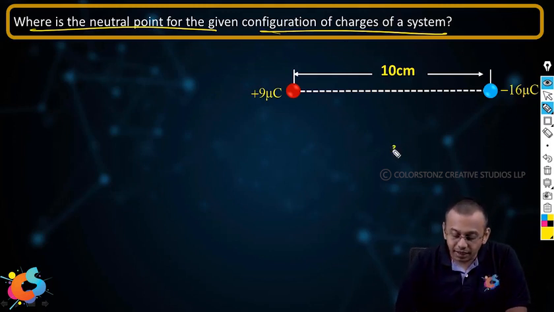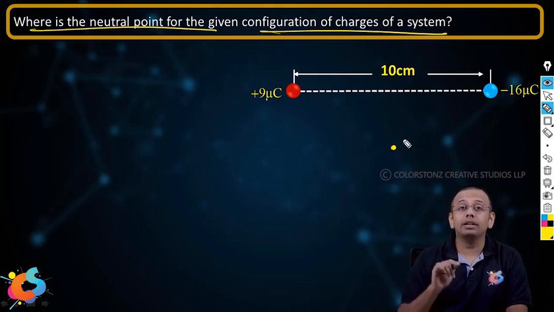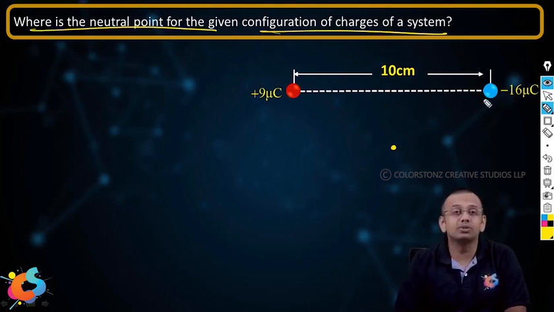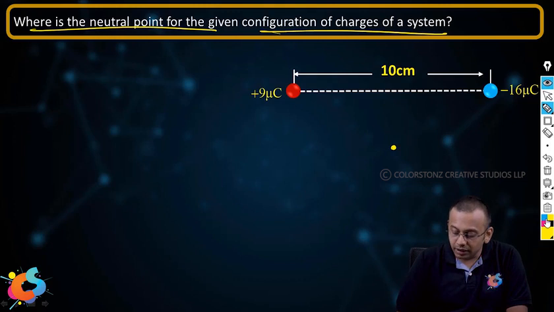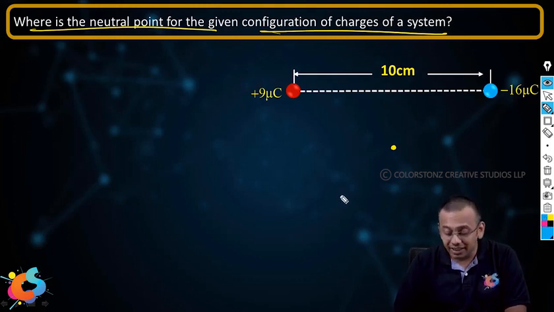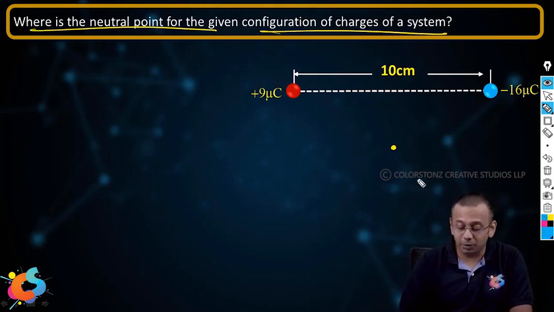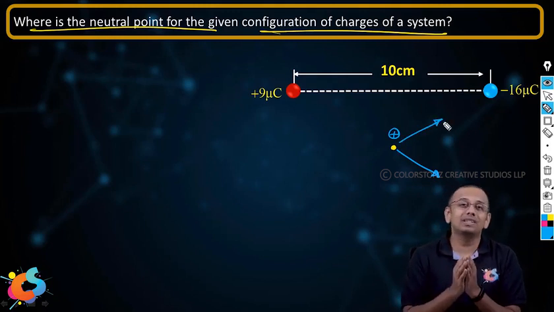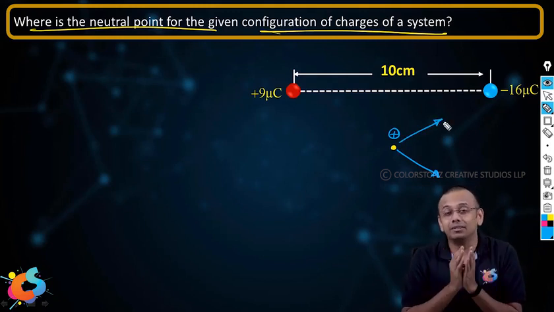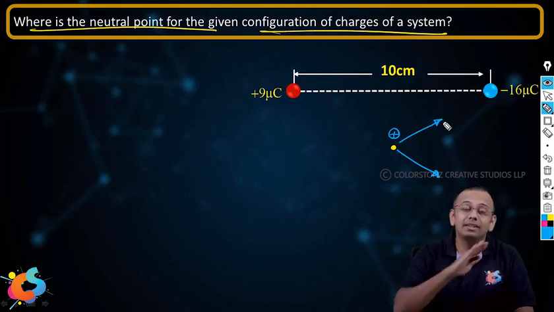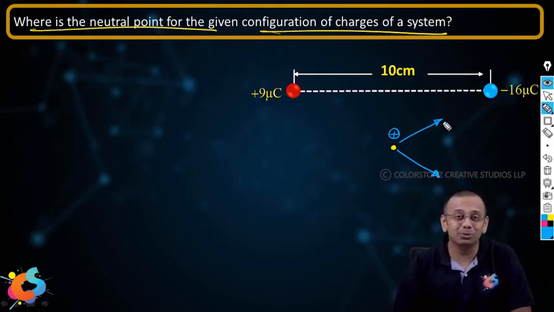Firstly, if I keep any charge which is not on the line joining these two particles, then you can clearly see that an equilibrium or neutral point is not possible, because suppose there is a positive charge, then positive-positive repulsion like this, positive-negative attraction, these two forces will always be at some angle. If they are at some angle, they can never become 0. So this possibility is not there.